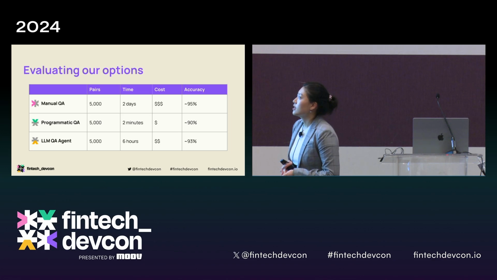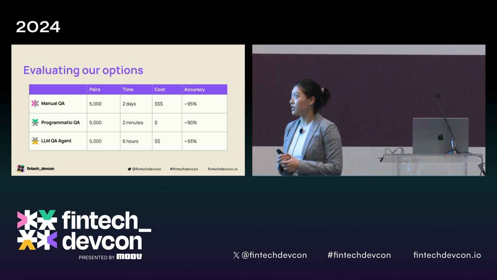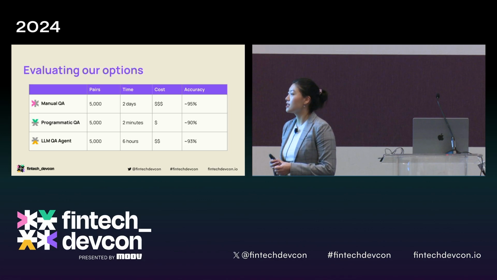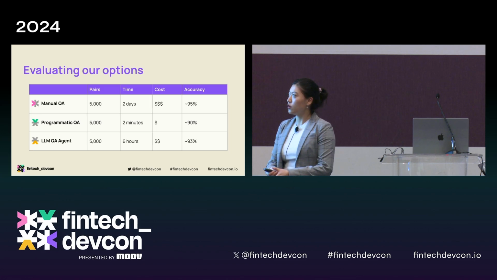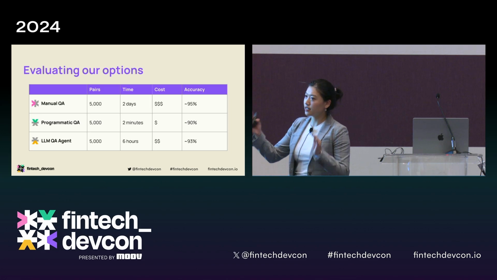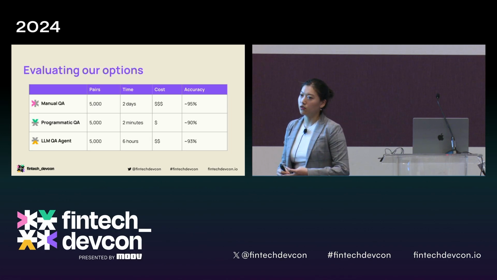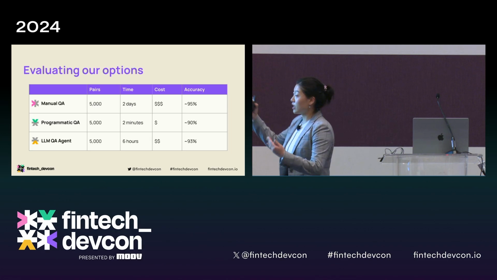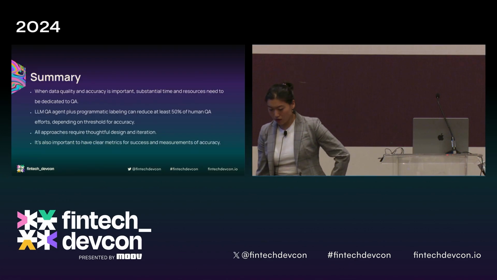Programmatic QA is much faster, but due to the issue with the underlying data set, it's around 90%. LLM QA agent took us about 6 hours, and the accuracy rate is slightly lower than human, but with more tuning on your system prompt, I believe it can reach a similar level as human QA.